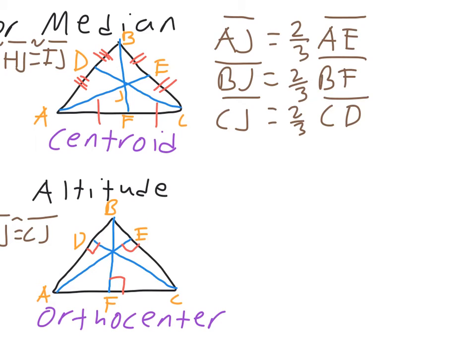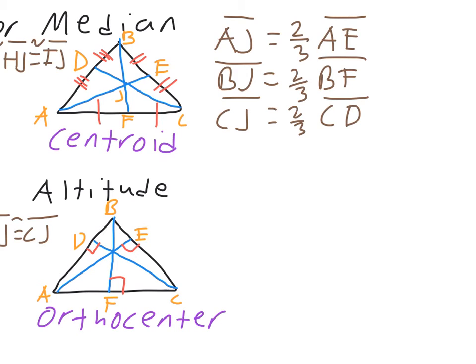And that also allows you to find some other measures. If the part going from the vertex to the centroid is 2/3 of the whole thing, that means that the line segment that goes from the centroid to the opposite side is then the difference, 1/3.